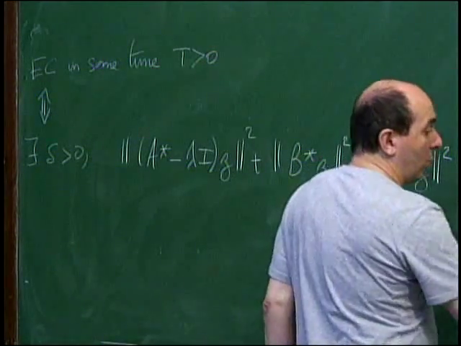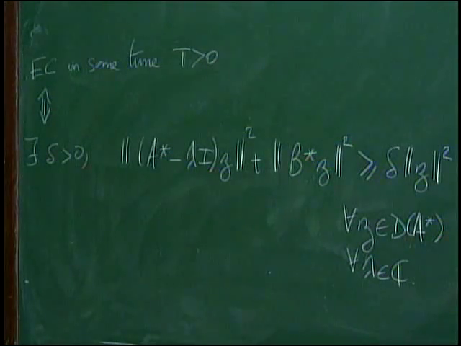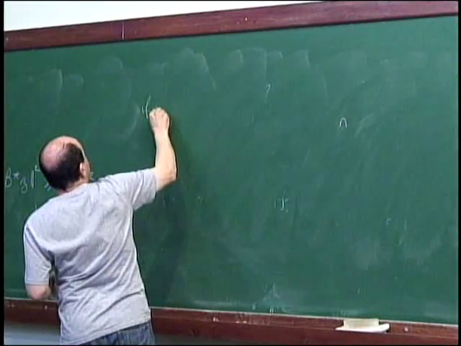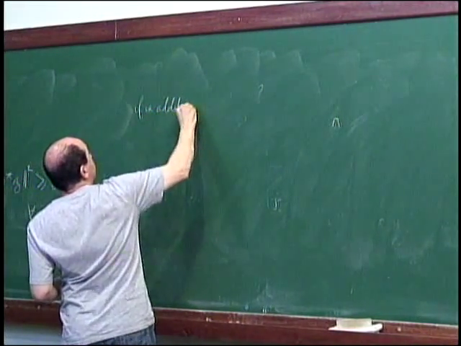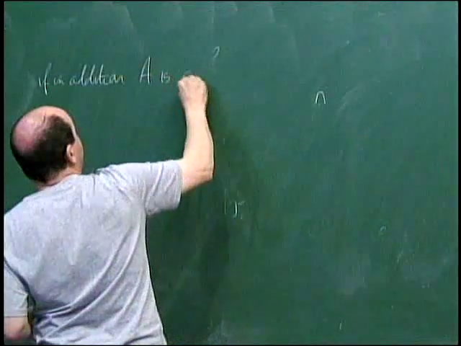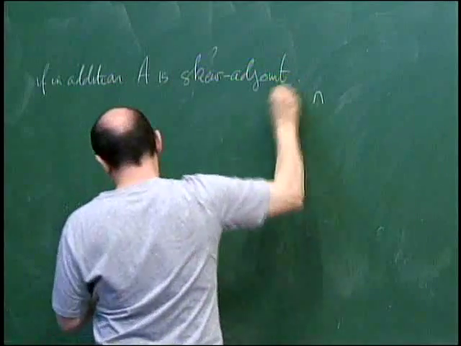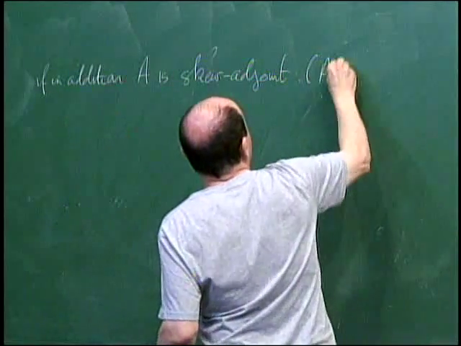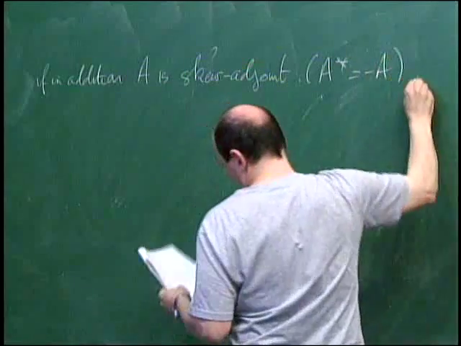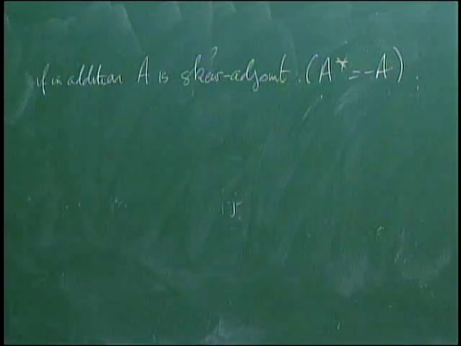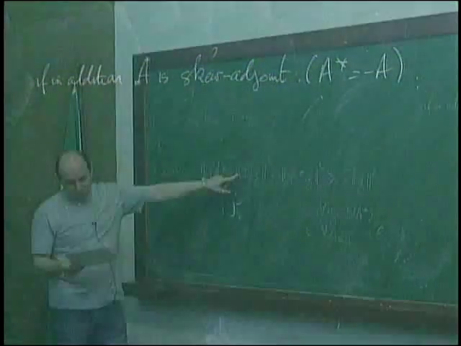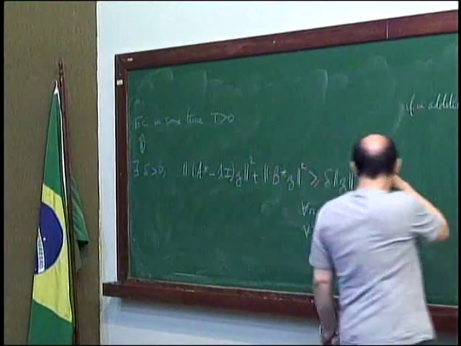This is interesting. We can refine it a little bit when you have an operator which is skew adjoint, and that's the case for the Schrödinger equation. So if in addition A is skew adjoint, I mean A* is minus A, then instead of considering every lambda, you can just focus on the eigenvalues.